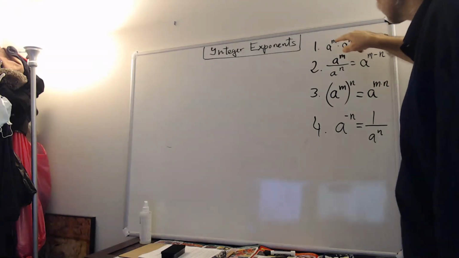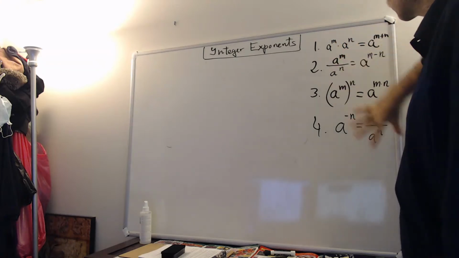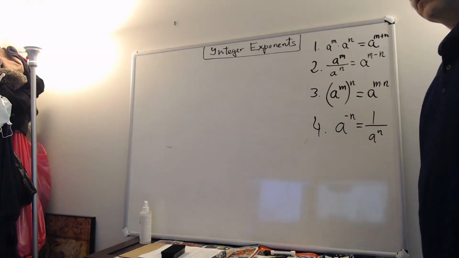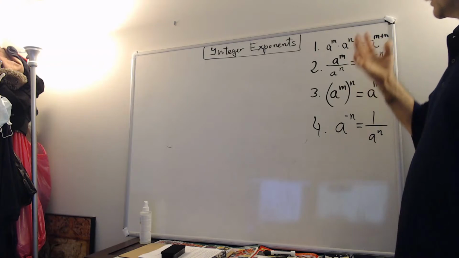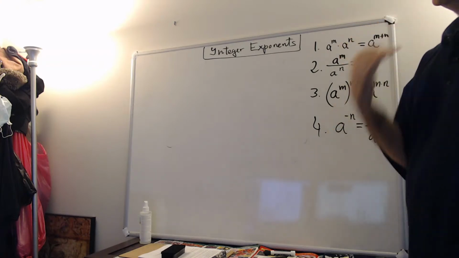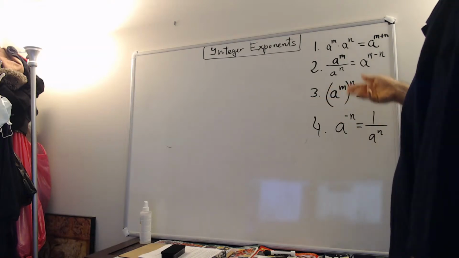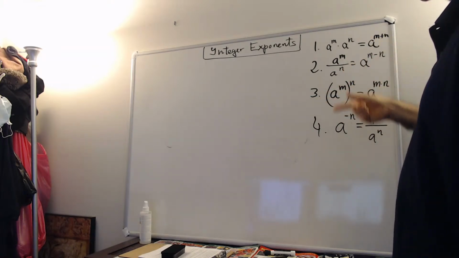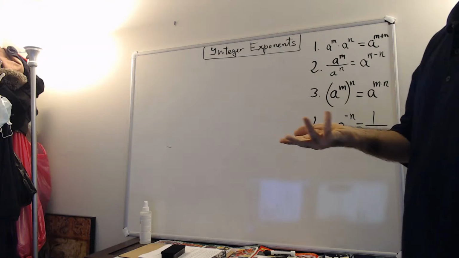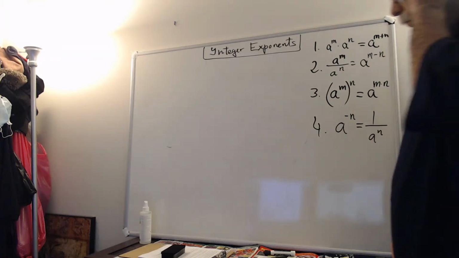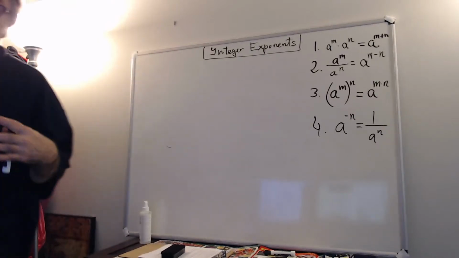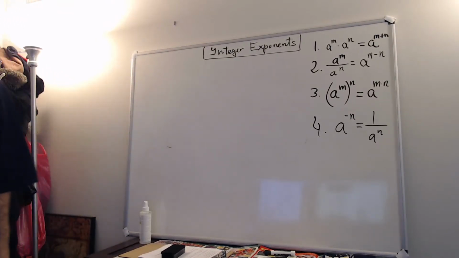So any integer in place of m and n, this is going to work out. All of those properties hold. So m and n could be any integer. The only limitation, of course, is that the denominator cannot be 0. In this particular property, you cannot have the denominator being 0. Because you can't divide by 0. That rule is not going to change.